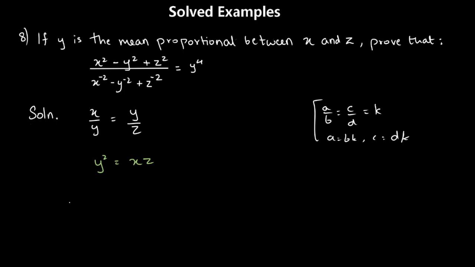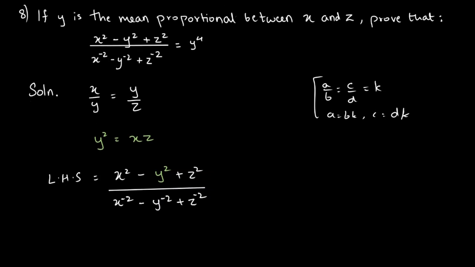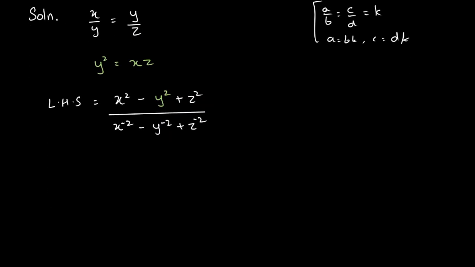For our proof, let's consider the left hand side first. Our LHS is equal to (x² − y² + z²) divided by (x⁻² − y⁻² + z⁻²). Let's deal with the terms in the denominator first.